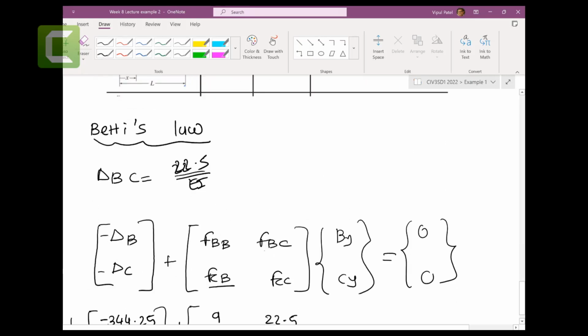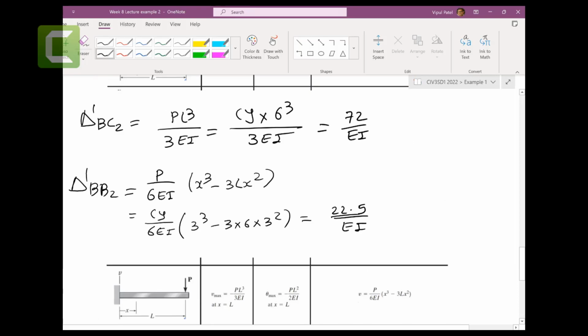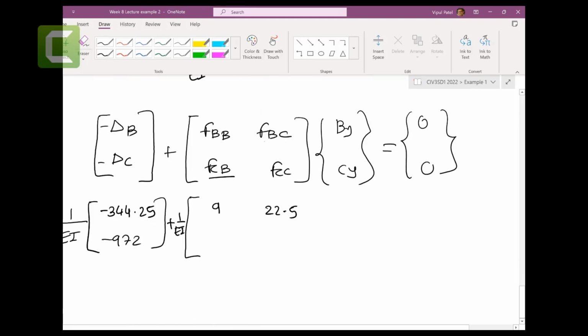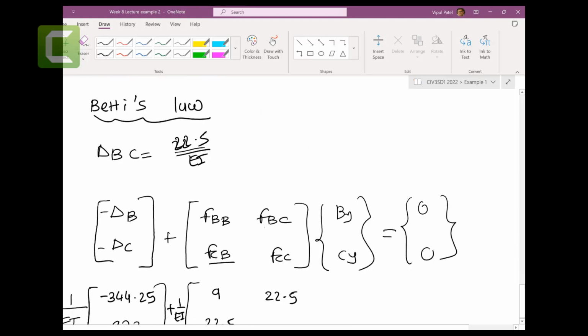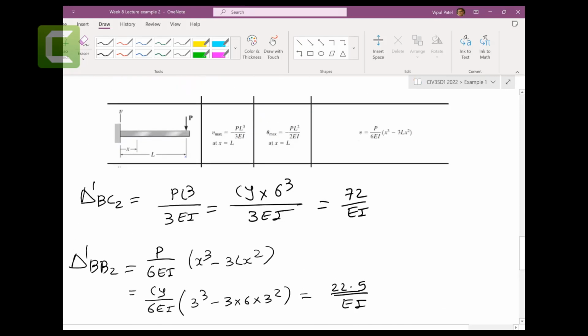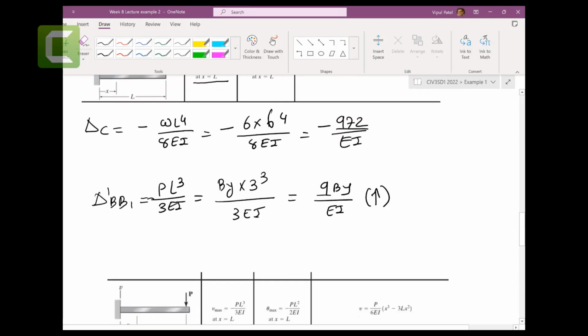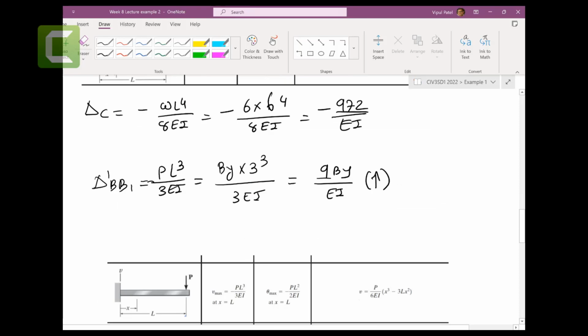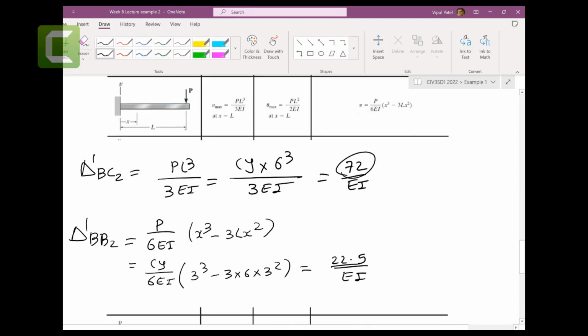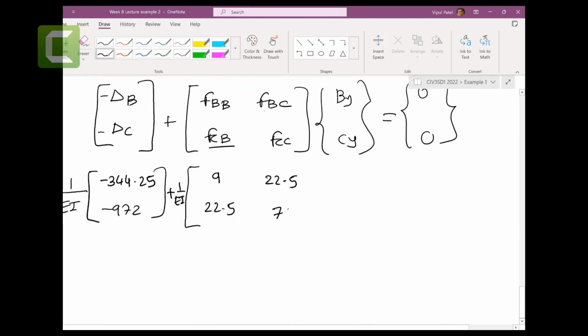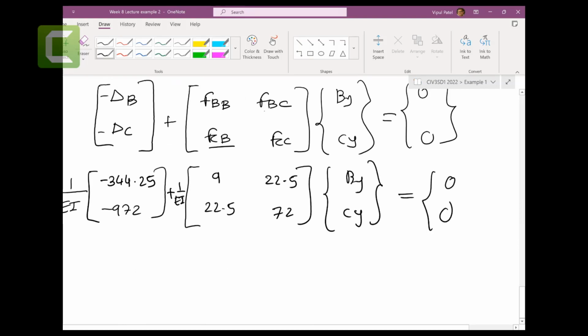And this FCB, we found 22.5. And FCC, we found FCC somewhere, 72. So 72, BY CY equal to 0, 0.